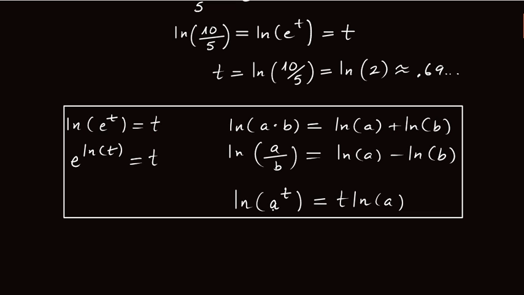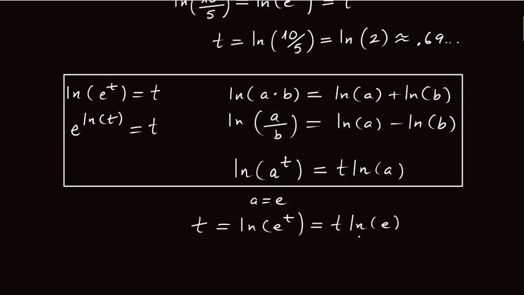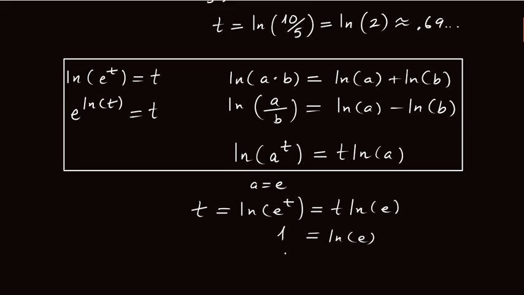If we take, for example, a to be equal to e, then we know ln of a to the t is ln of e to the t. So if a is equal to e, here we get ln of e to the t. We know that's equal to t on one hand, and then over here we know that this is t times ln of e. Okay, which tells me that ln of e is equal to 1. Okay, that's an important property.